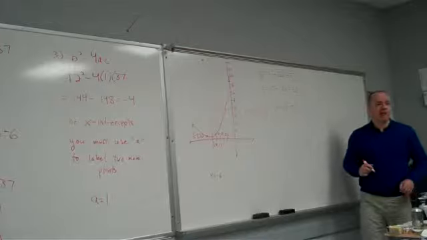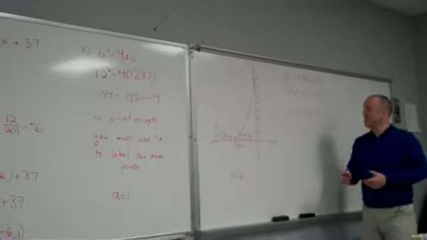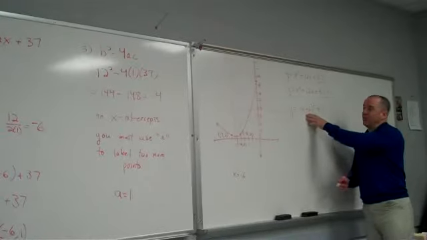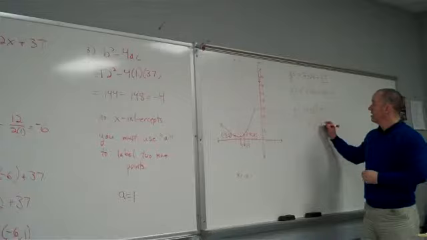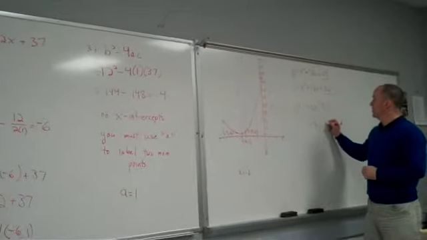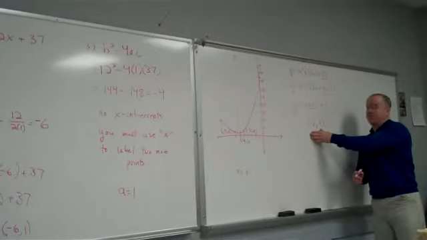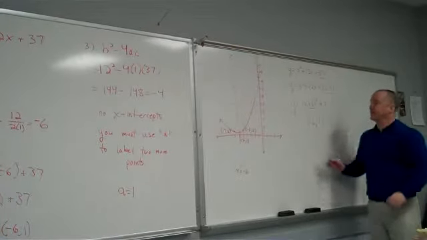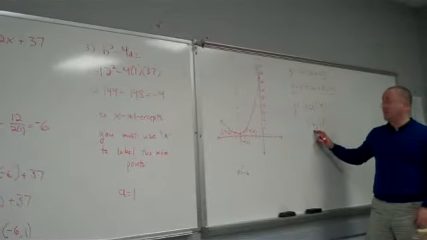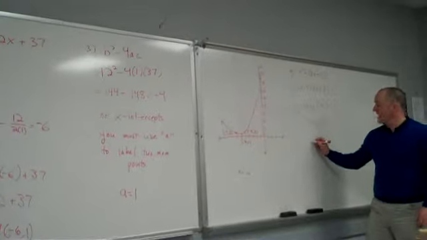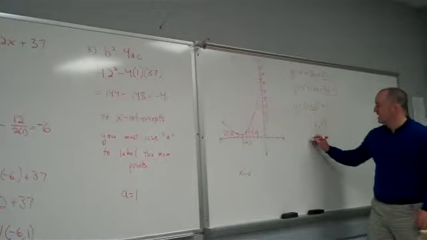Now, if you remember how vertex form worked from last December, in vertex form, you change the sign here and you leave the sign alone here, and boom, I have my vertex: -6, 1. If you also remember from last December, the axis of symmetry always goes through the x-coordinate of the vertex. So now I know my axis of symmetry is x equals -6.